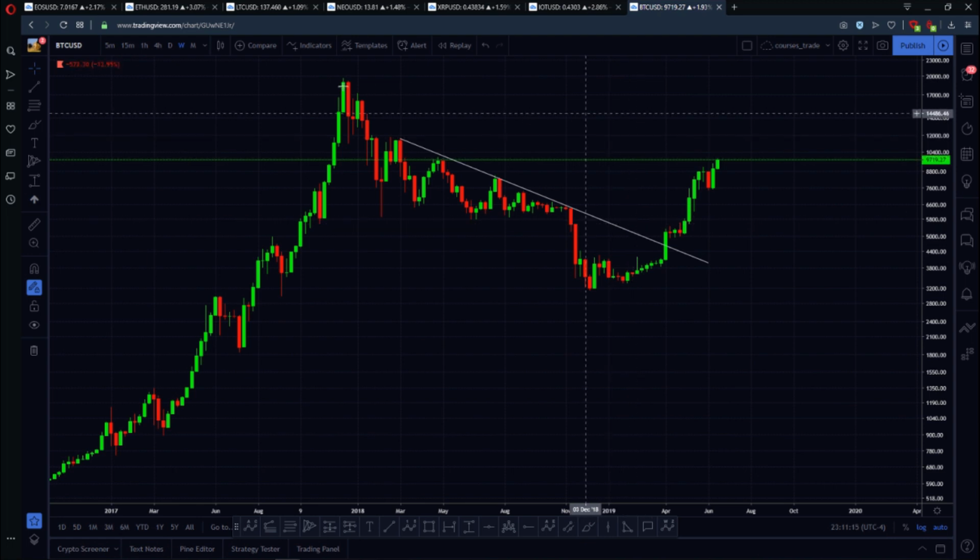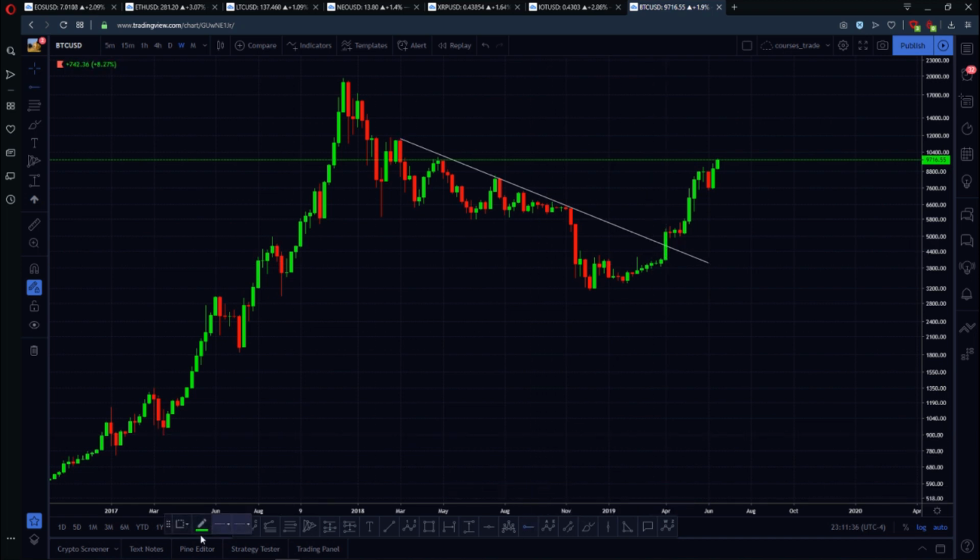Now, remember when I was talking about using the weekly time frame as a trend study time frame in the context of swing trading, because we are trading on the daily time frame, this is considered the end of the bear market over here.